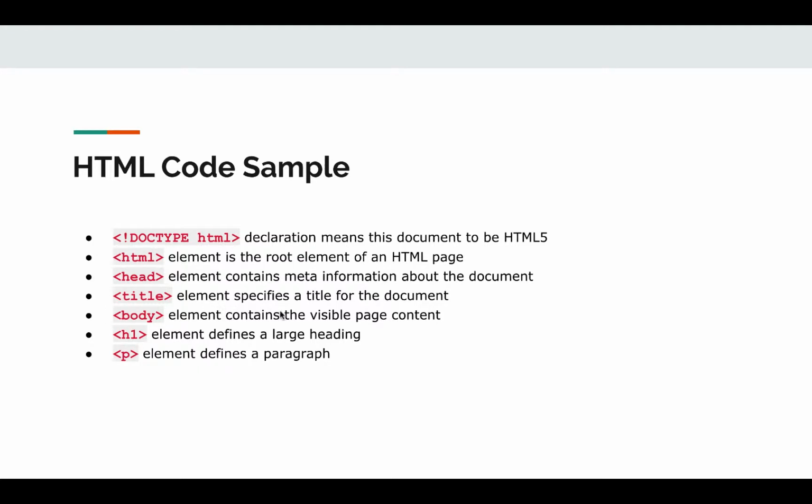The title element specifies a title for the document. The body element contains the visible page content. The H1 element defines a large heading. The P element defines a paragraph. So this is the code sample representation.